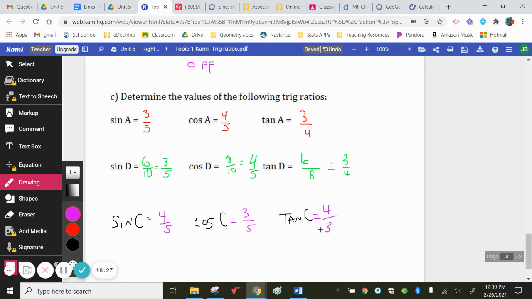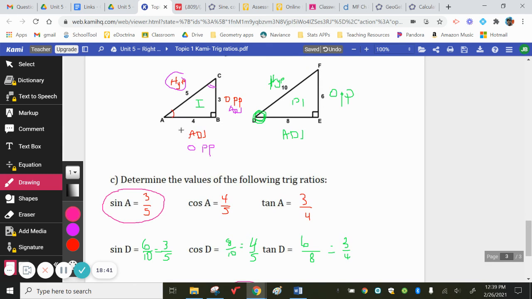So again, one last time when we're looking at cofunctions, you see what we had right here. The sine of A is the same as the cosine of C, because angle A and angle C must be complementary angles. This angle A plus this angle C have to add up to 90 because angle B is also 90.